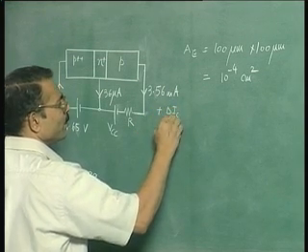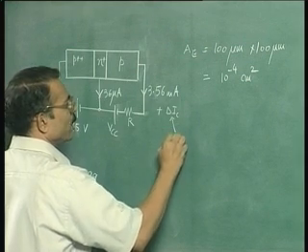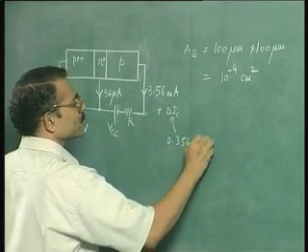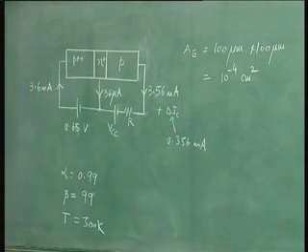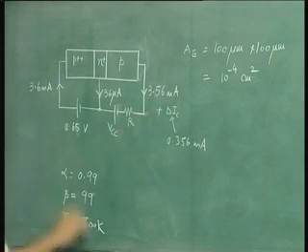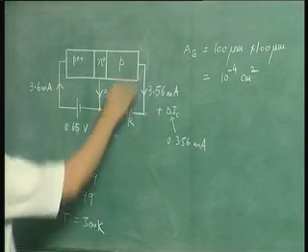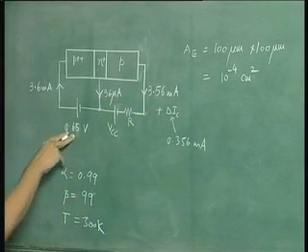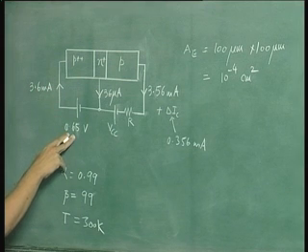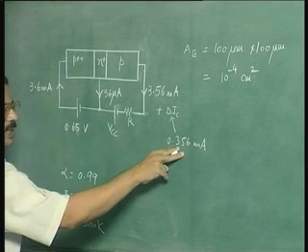delta IC, which is 0.356 milliamperes. So this is the incremental current. Suppose you want to pump this in through this lead. What should be the change in emitter base voltage which will produce this change in collector current?